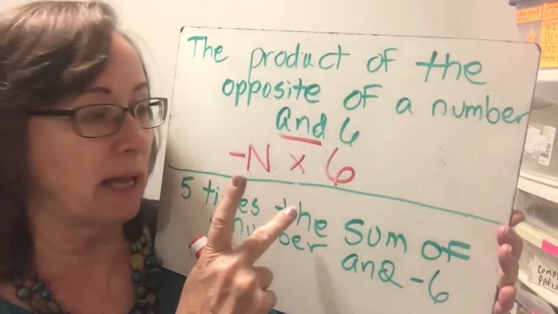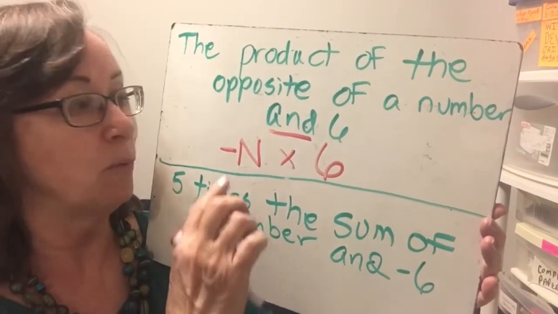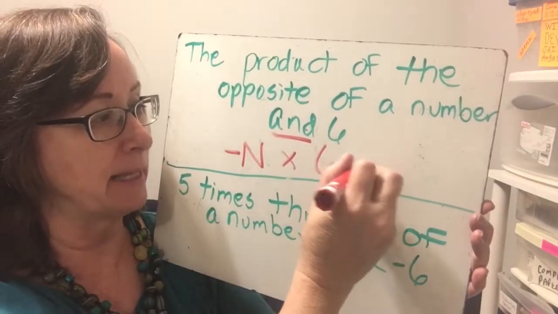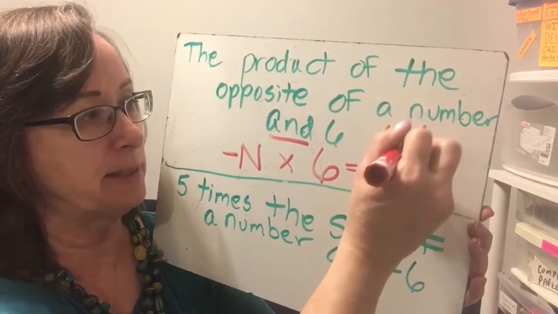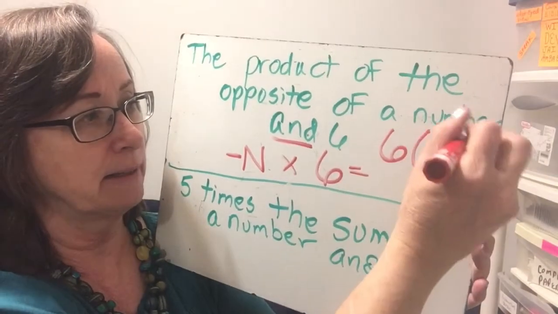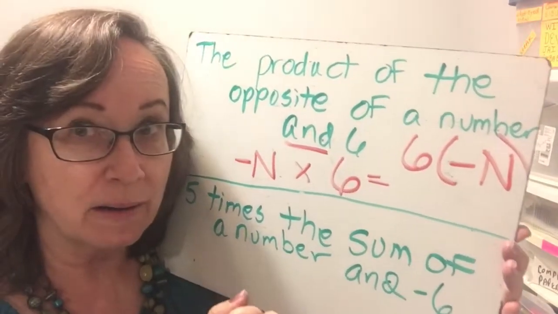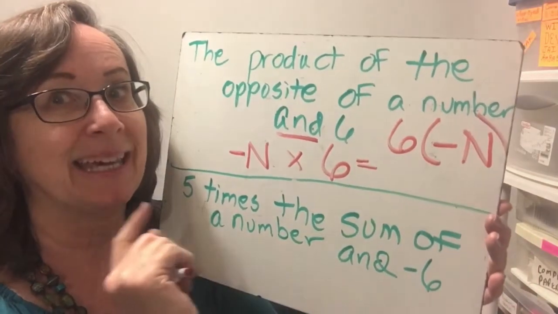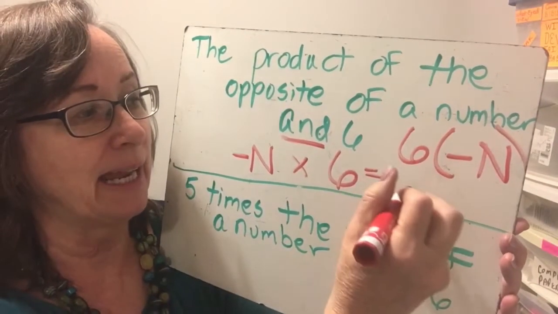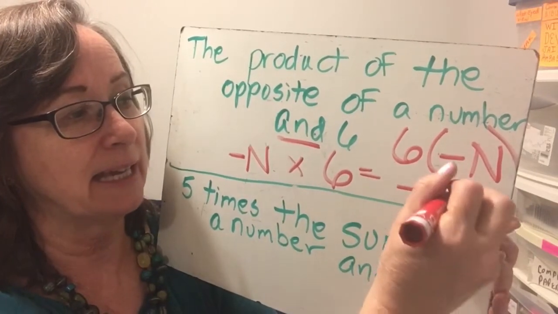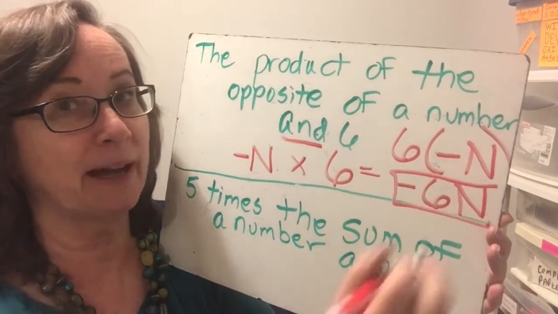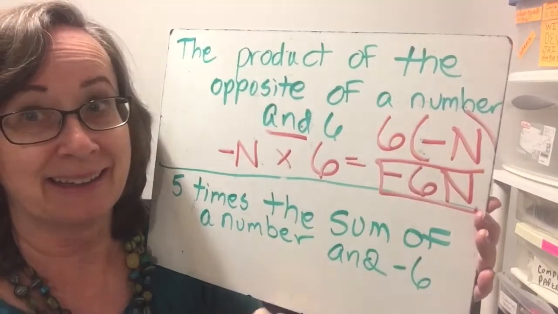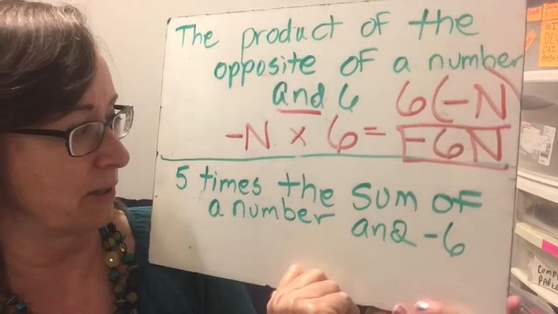Anytime we're multiplying 2 numbers together, we could put this in the front and this in the back. We could say 6 times -n, or we can remember that a positive times a negative gives us a negative, and we get -6n. We'll work on simplifying these later, but right now we need this or this as our answer.